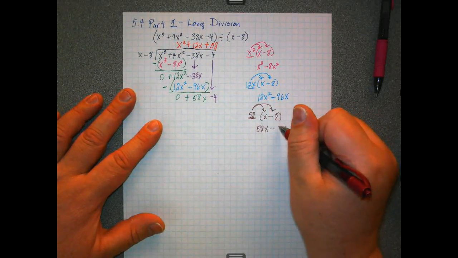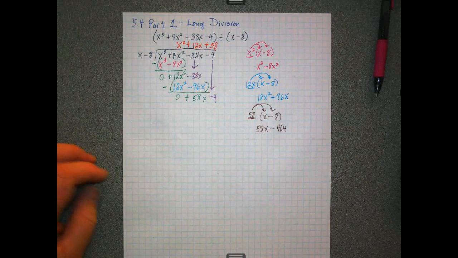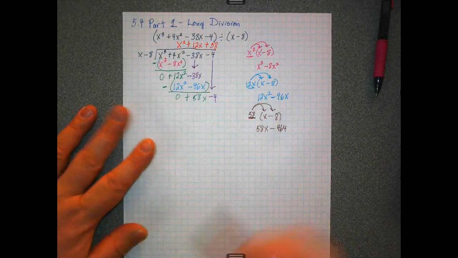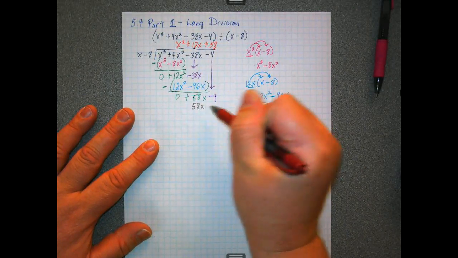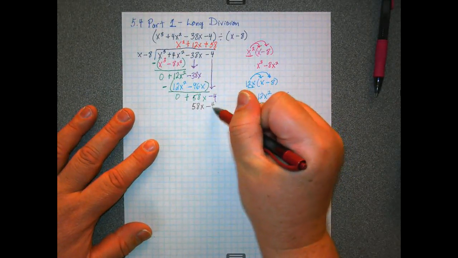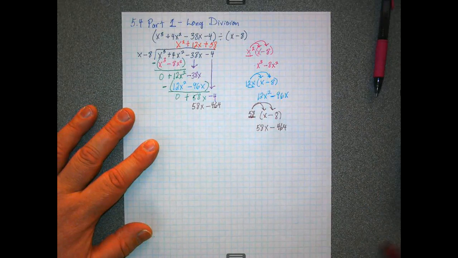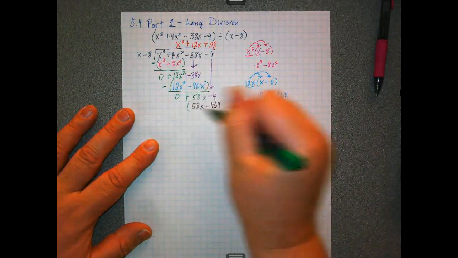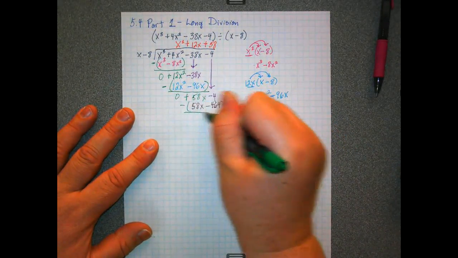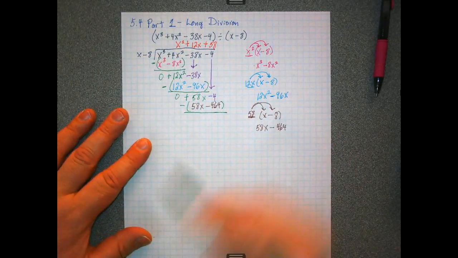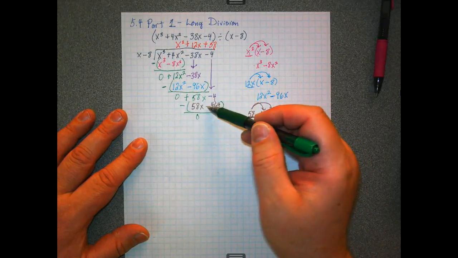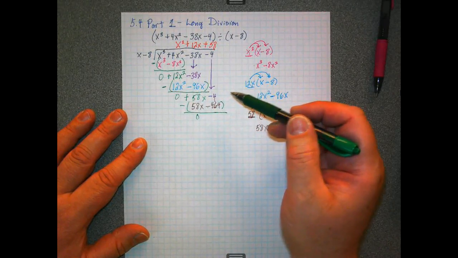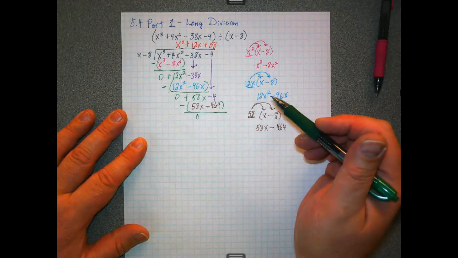Carry the 6, 46, 464. Subtract my product, 58x minus 464. Subtract the entire quantity. 0. Then negative 4, minus a minus, so I'm adding again.